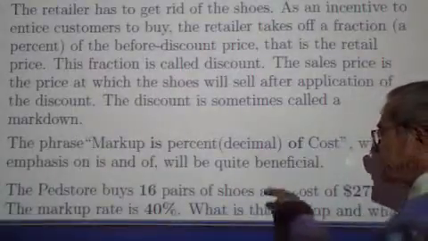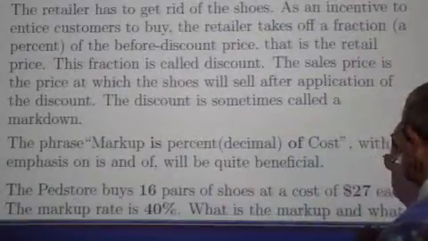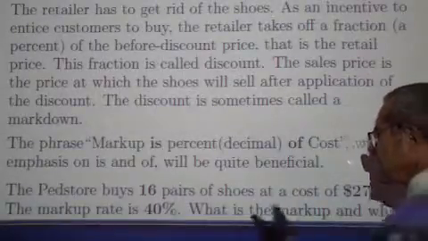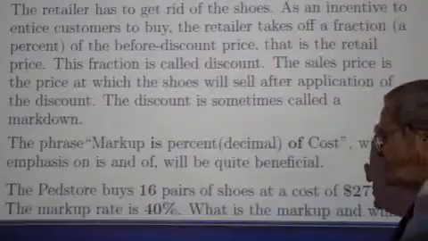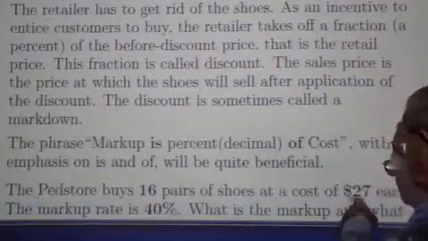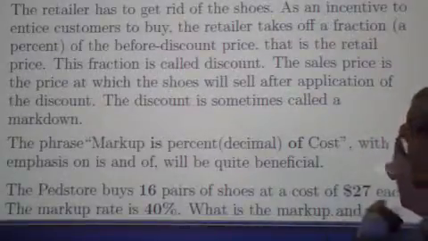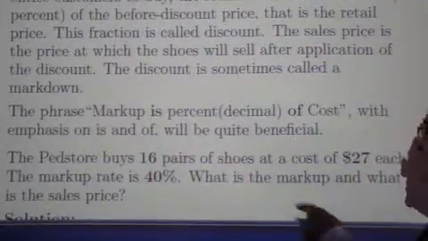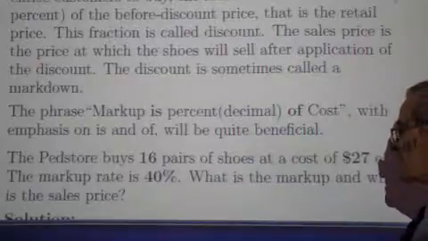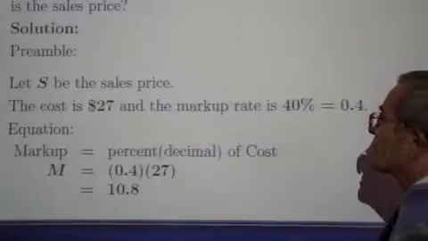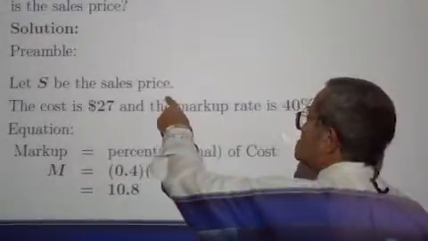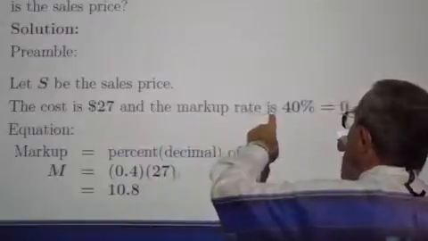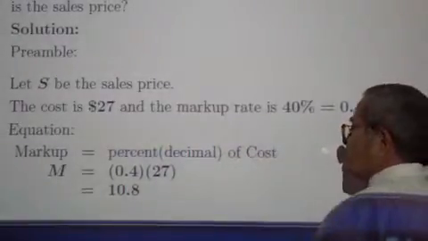Now, the pet store buys 16 pairs of shoes at a cost of $27 each. The markup rate is 40%. The merchant wants to get 40% of $27 to add to that for selling. What was the markup and what was the sales price? Let S be the sales price. The cost is $27 and the markup rate is 40% or 0.4.